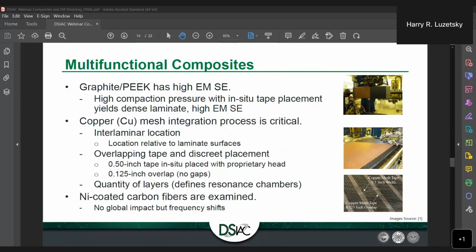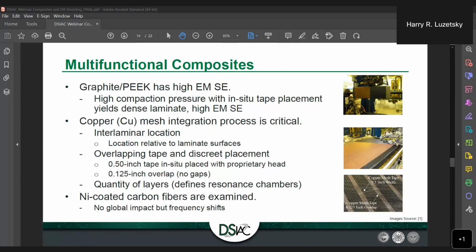The multifunctional material that we dealt with was a graphite PEEK, and the graphite PEEK alone actually has a high electromagnetic shielding effectiveness, but it's not necessarily just the graphite PEEK that creates that. It really has to do with how it's fabricated as well. We use a high compaction pressure with in-situ tape placement.